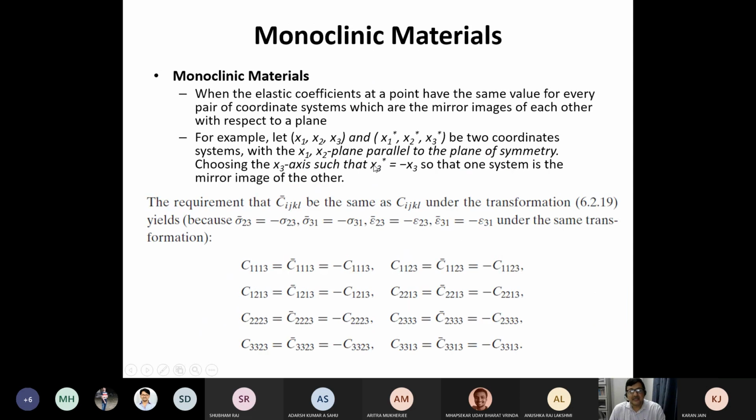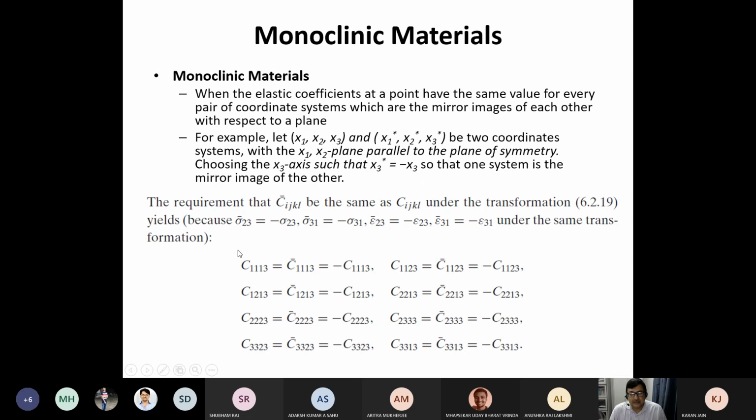Then what happens if you have a monoclinic material? So when the elastic coefficients at a point have the same value for every pair of coordinate systems which are mirror images of each other with respect to a plane. For example, let x1, x2, x3 and x1 star, x2 star, x3 star be 2 coordinate systems where the x1 and x2 plane is parallel to the plane of symmetry, choosing the x3 axis such that x3 is minus x3 star.